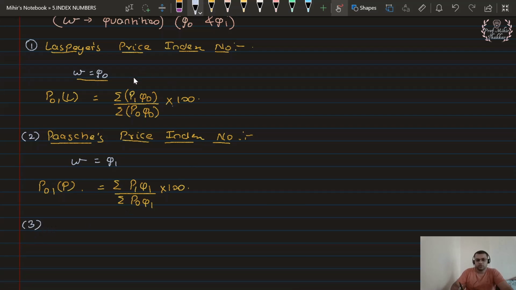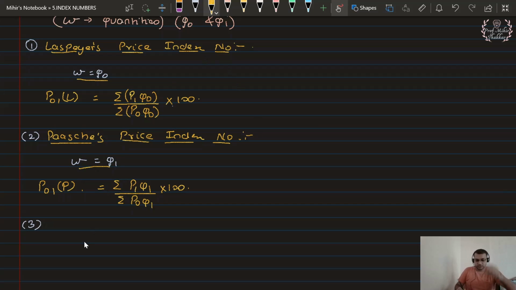So now see, there are only two types of quantities that we are having, the base year quantity and the current year quantity. So there are still remaining statisticians who are going to develop their own index numbers, but now the remaining two people, what they do is they use directly the Laspeyres' and the Paasche's index number.